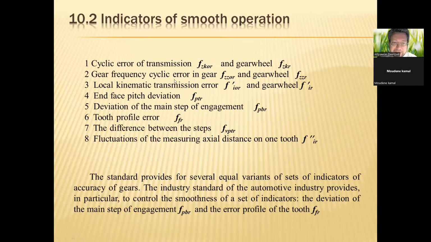So, gear frequency, cyclic error in gear, local kinematic transmission error and gear well, and phase pitch deviation, deviation of the main step of engagement. 6. Tools profile error. 7.